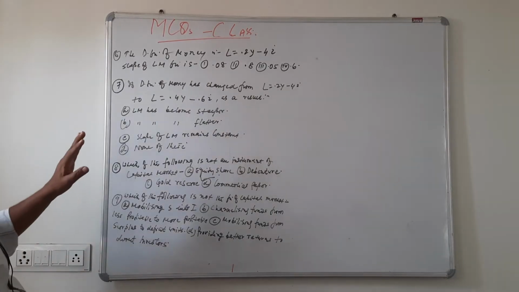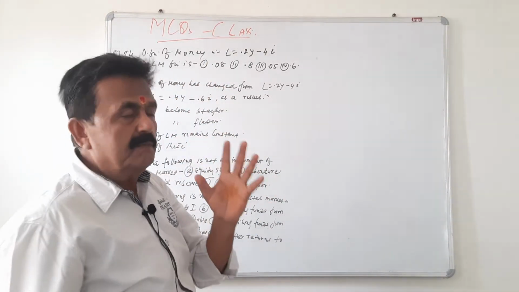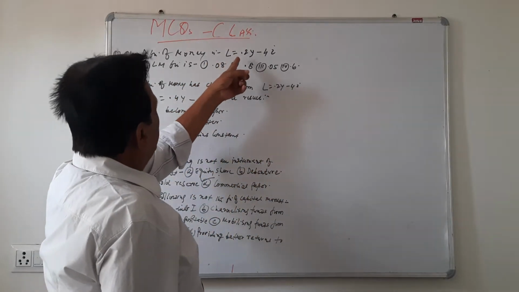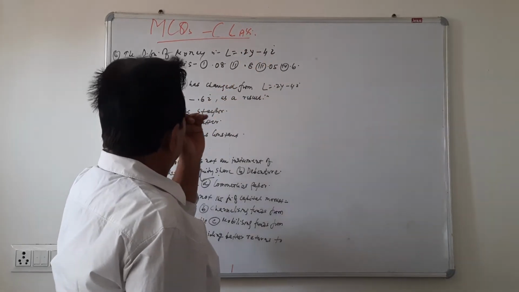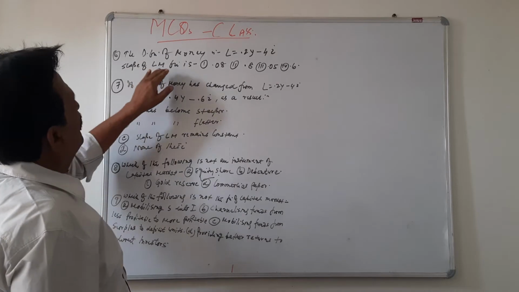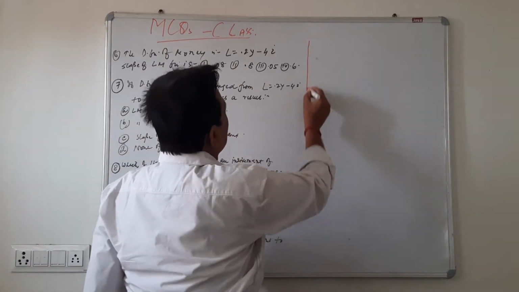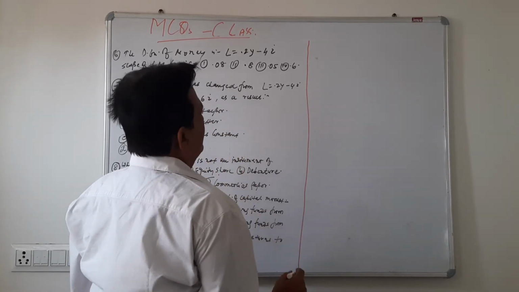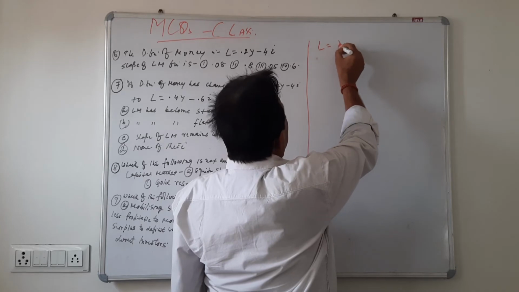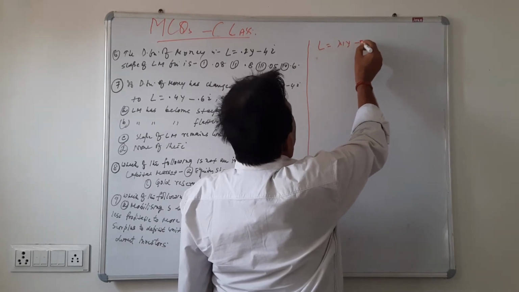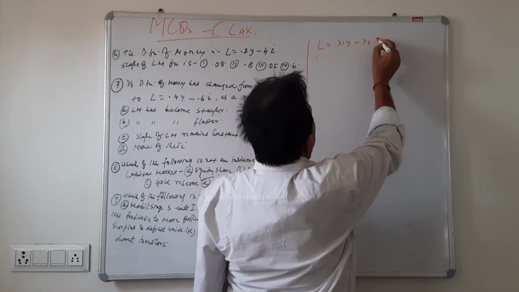The 6th question says that the demand function of money, known as the L function, is L = 0.2y minus 4i. What is the slope of the LM function? Here the demand function of L is lambda 1 y minus lambda 2 i.